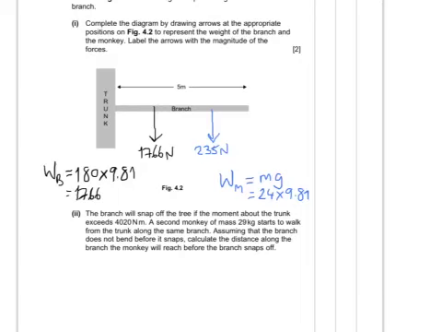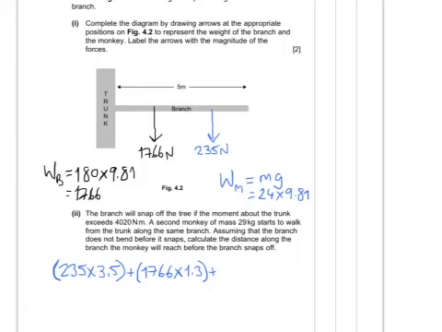Our first moment is that of the first monkey. So it's going to be the force 235 times its distance from the pivot, which is 3.5, and then we're going to add that to the branch and its moment. Its force is 1766 times its distance, which is 1.3.